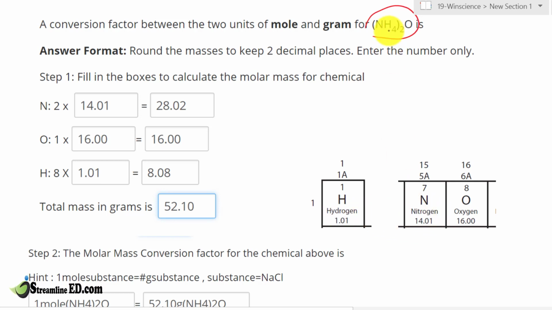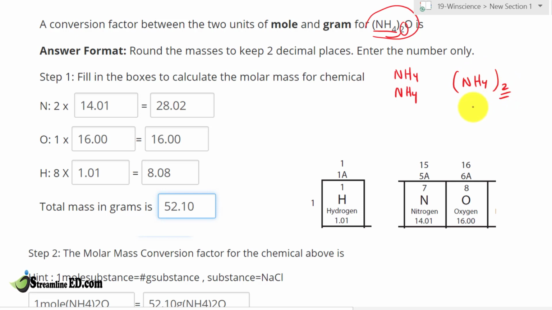For nitrogen, that 2 right there represents there are 2 of these NH4. That's because of the parentheses of NH4 and that 2 right there. In this case, we have 2 nitrogen because of that 2.